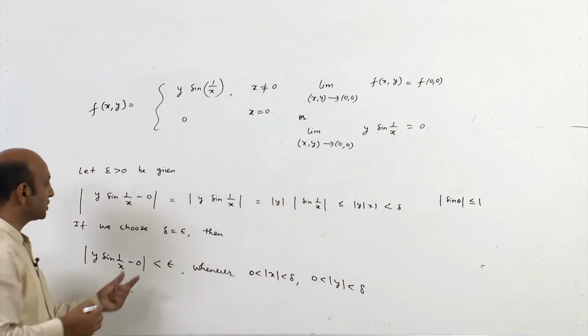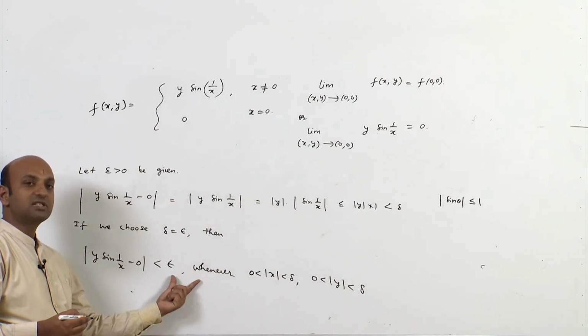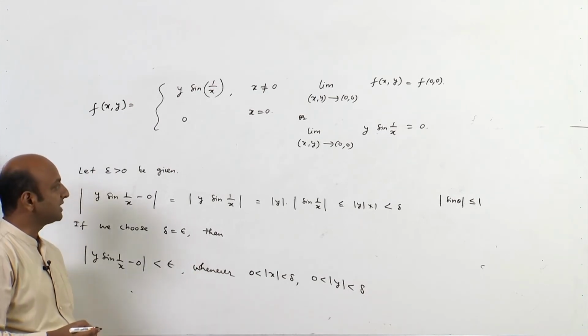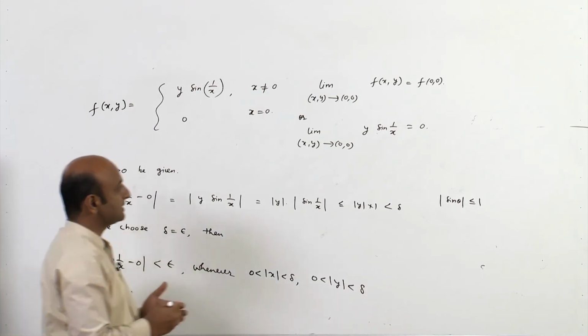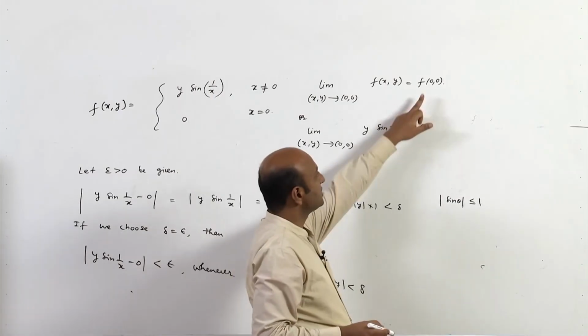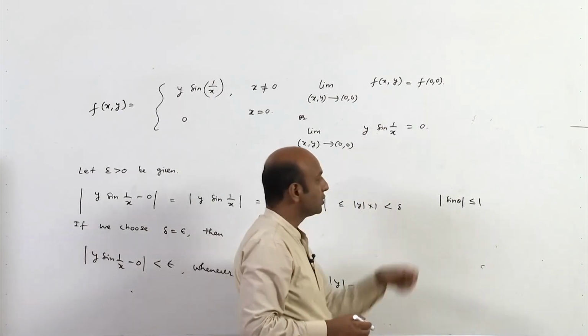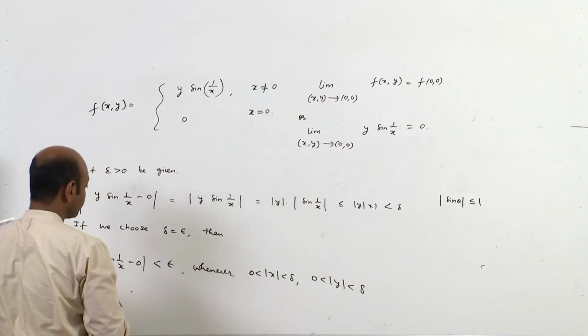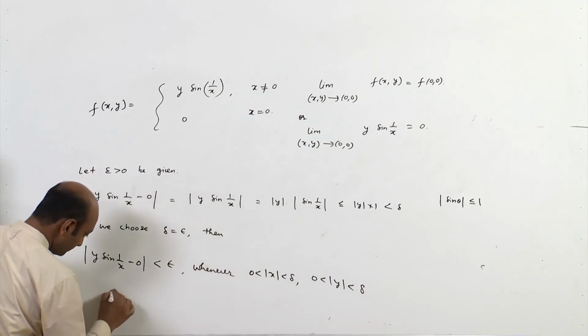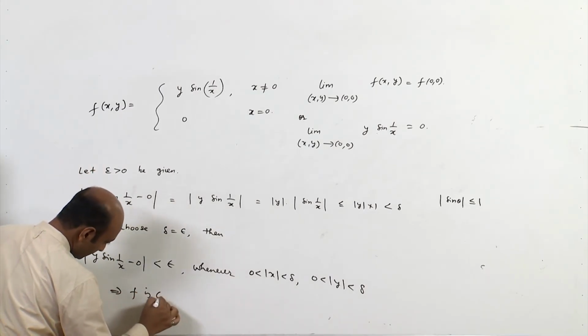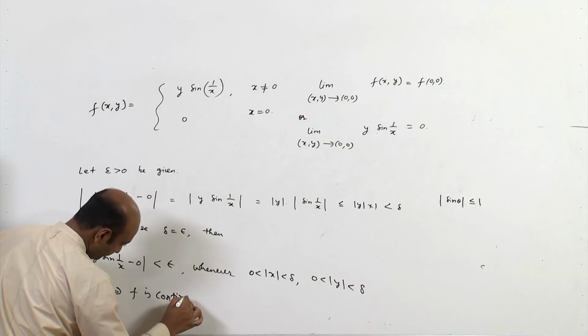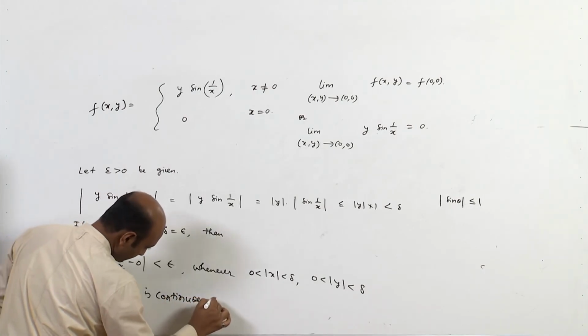So, we have shown the existence of such delta for which this inequality holds. Hence, we can say that this limit exists and is equal to 0, which is the value of the function at (0, 0). So, this implies f is continuous at (0, 0).